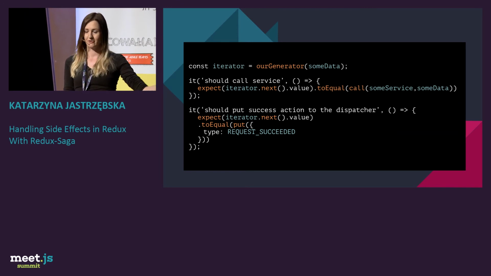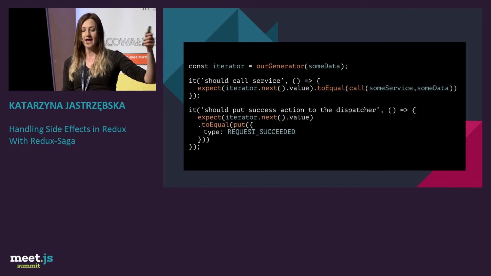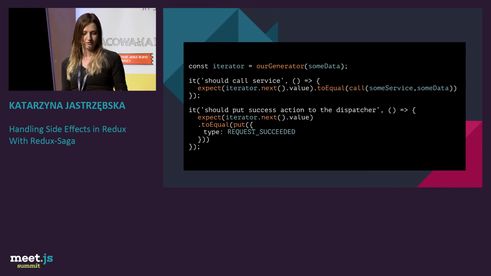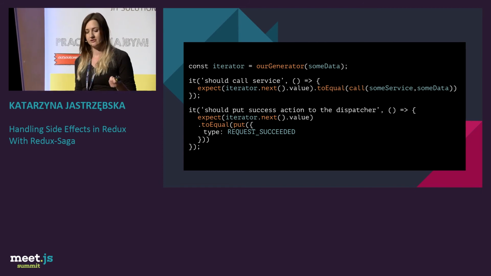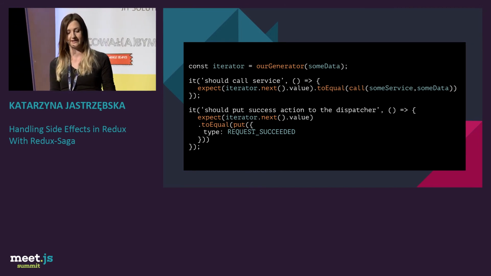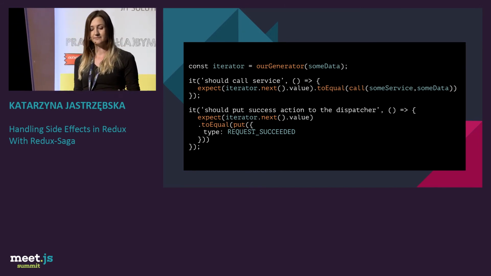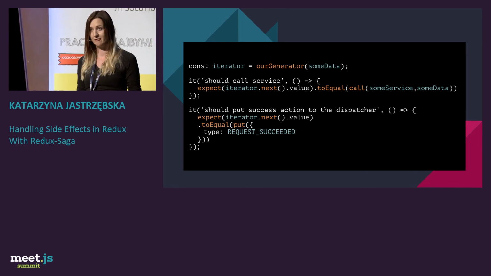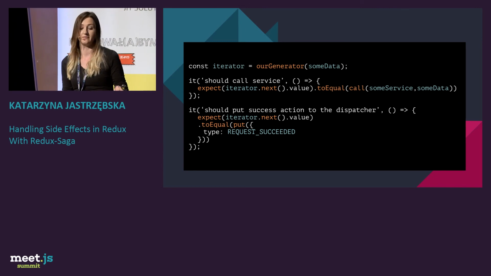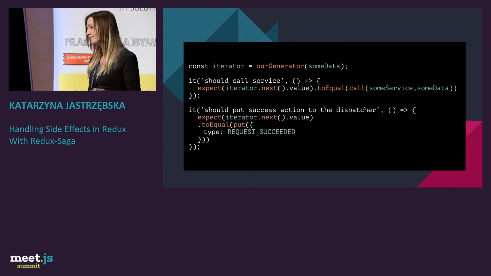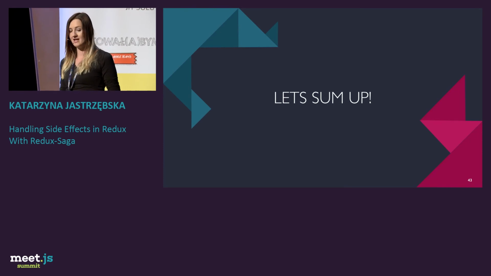So how we test our generators, we just go through the next and next and next of our generator lines of code. So as you see, there is a test which checks if the iterator, our generator, should call the service, and we expect that the value of the next line of our generator will be equal to call some service with some data. Simple as that. Okay, so let's sum up.